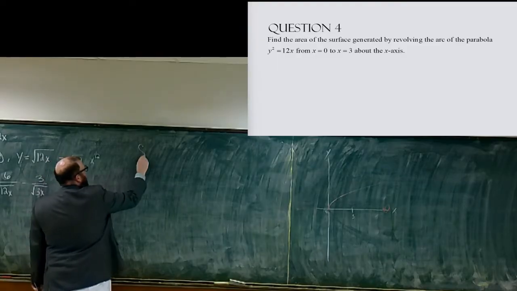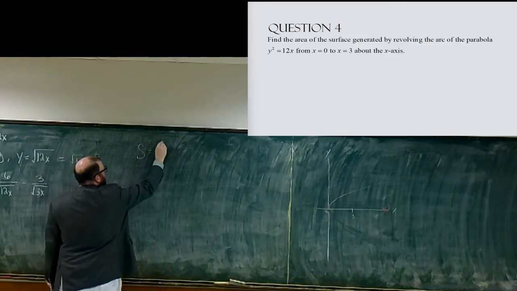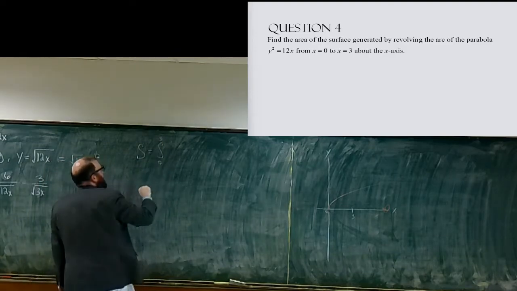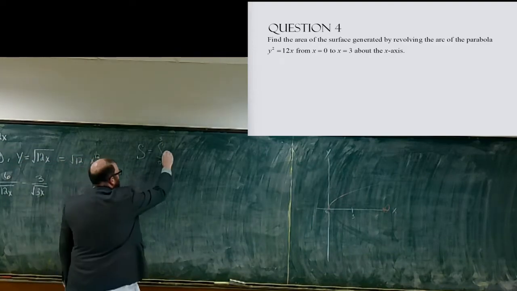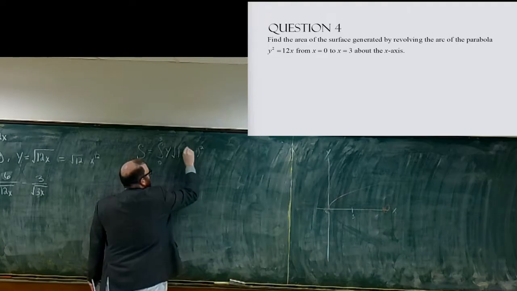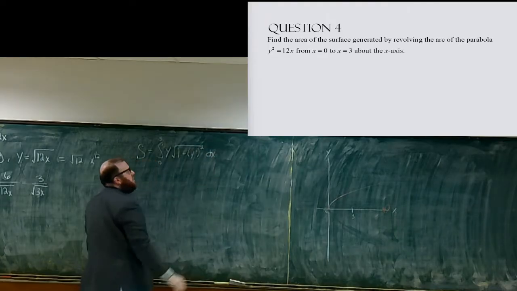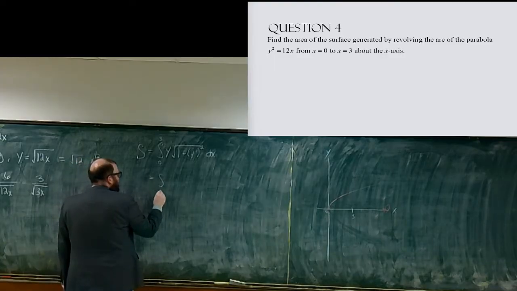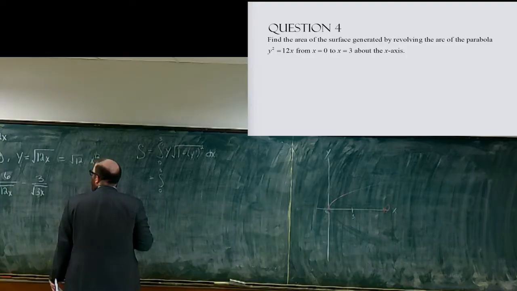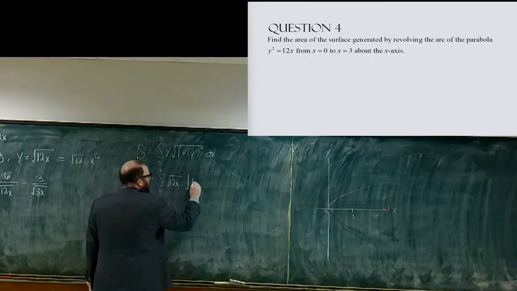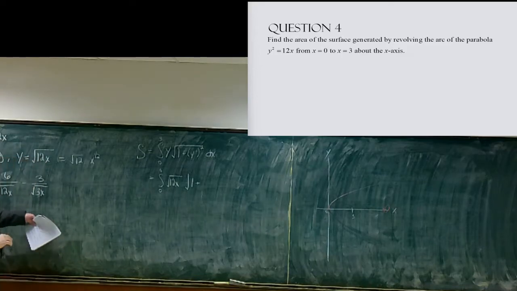Surface area. Integral over the interval 0 to 3, y times the square root of 1 plus y prime squared dx. y is the square root of 12x times the square root of 1 plus, now y prime squared.